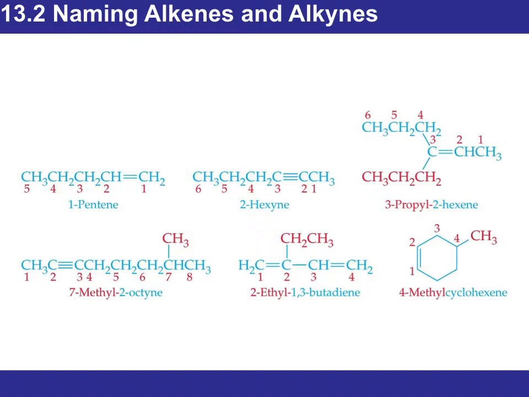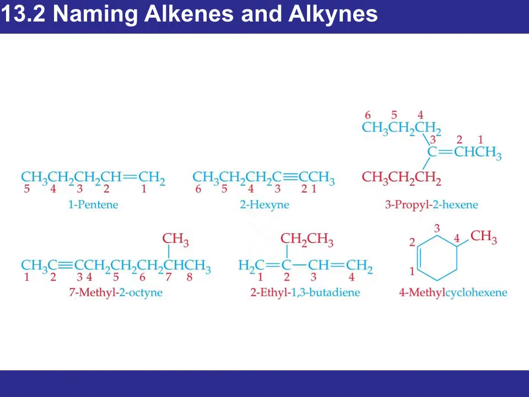If I go right to left, double bond is on 1, so that's a 1-pentene. Second example, 1, 2, 3, 4, 5, 6. It's a hex something, triple bond, hexyne, numbering the carbon atom from right to left, so the triple bond is on the lowest number of the carbon atom, so that's a 2-hexyne.